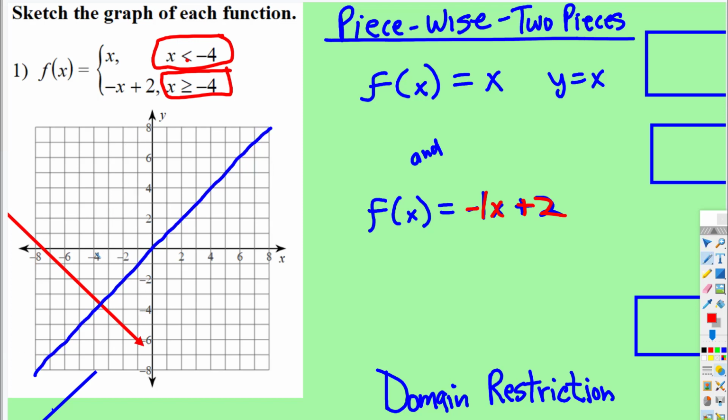Where x is negative 4, we can only look at it from this point, from this point going further. We can't even look at this piece.